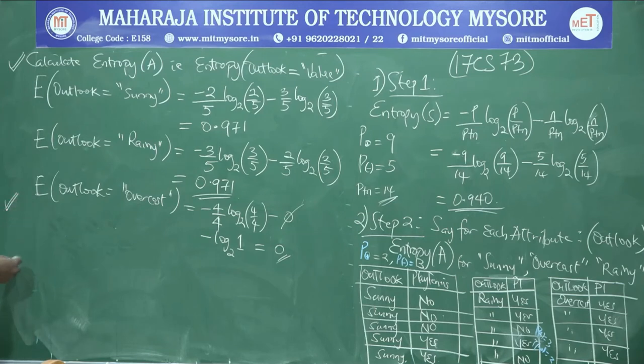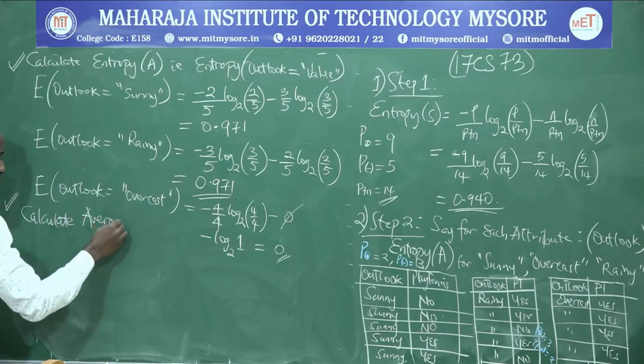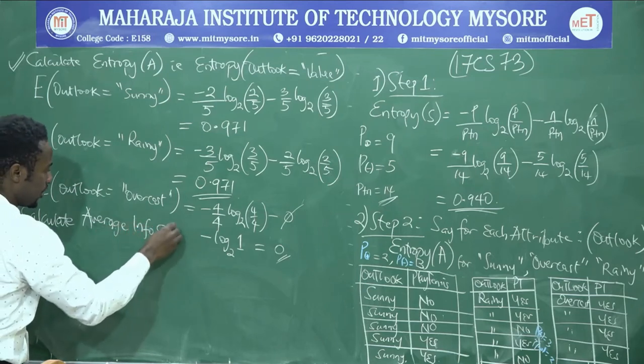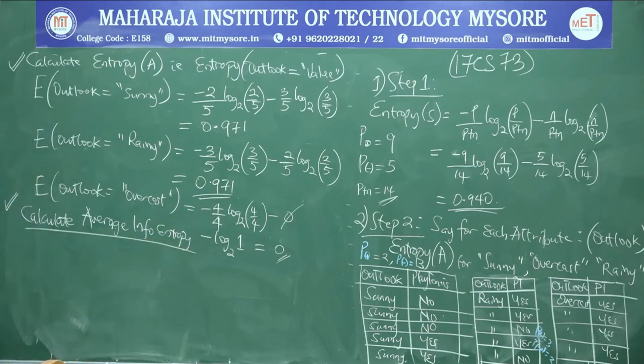This is lengthy, as you can see. So we calculate the average information entropy. How do we calculate this? If you remember that formula, it says I of attribute.